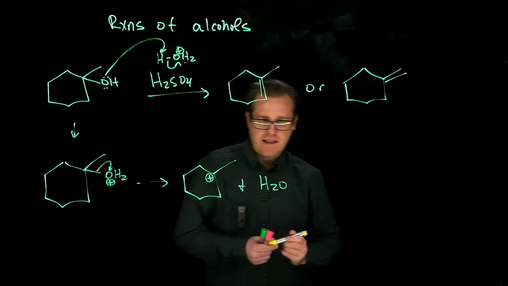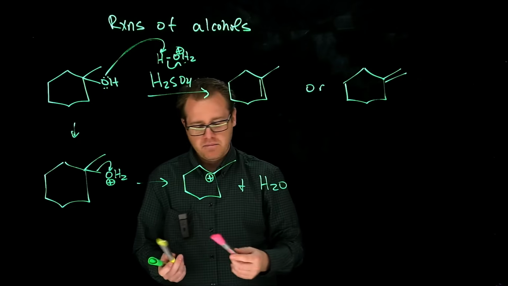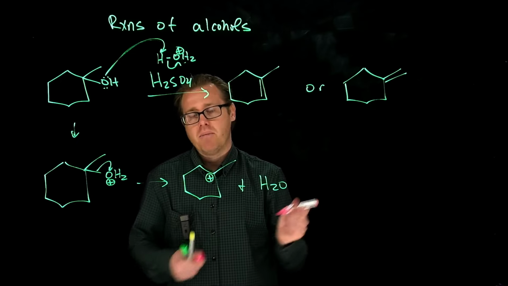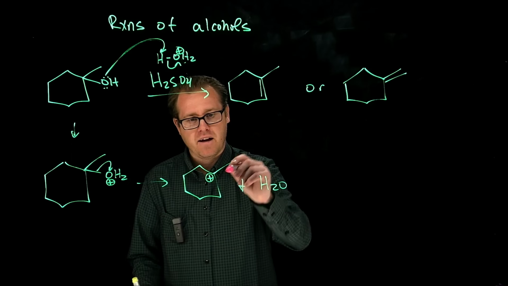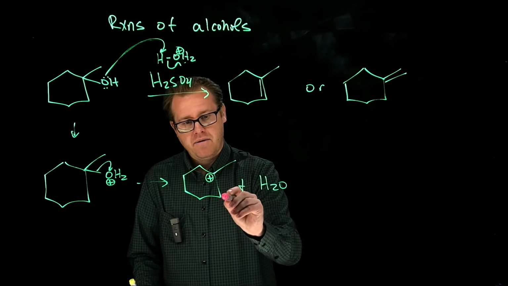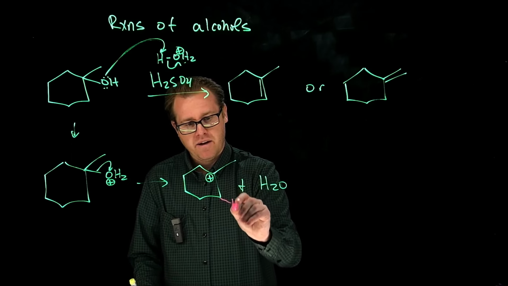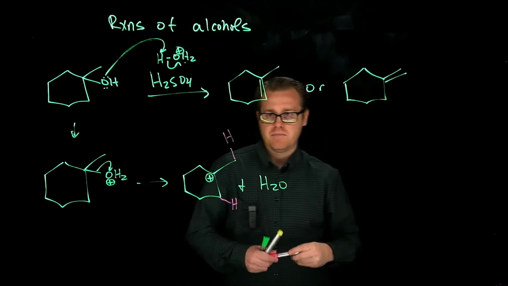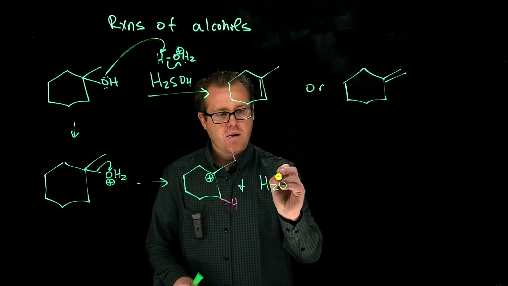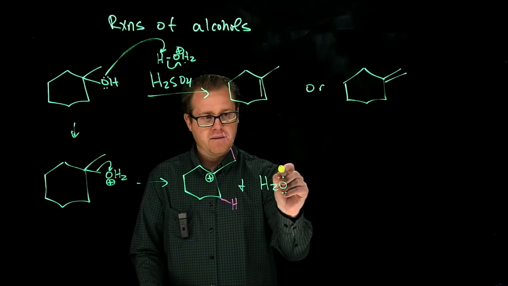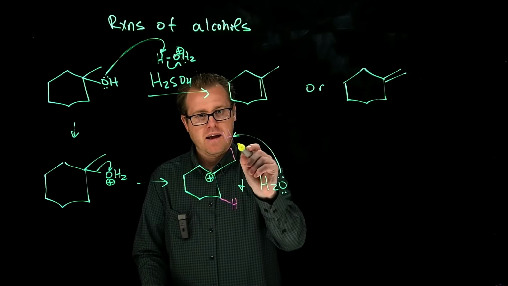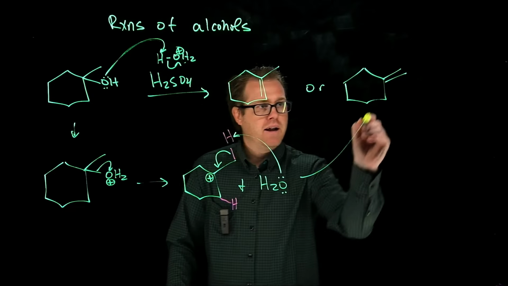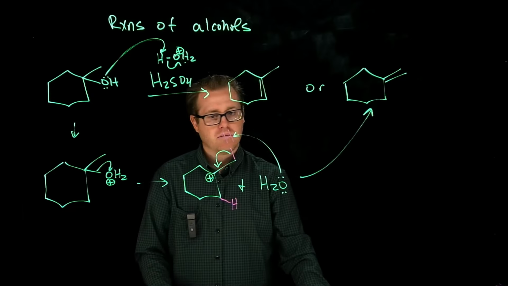So when we take a look at that tertiary carbocation, do you think it's going to rearrange? No, it's not, because it's already a tertiary carbocation. But we do have a hydrogen coming off here and a hydrogen coming off of here. So this water molecule that's going to act as a base can abstract this guy. And if it did that, like so, that would generate that product.